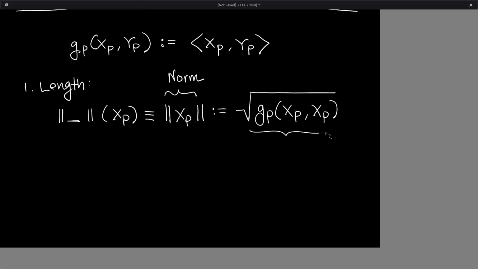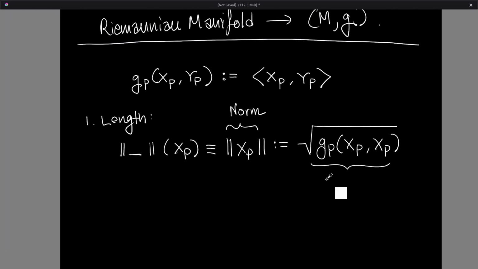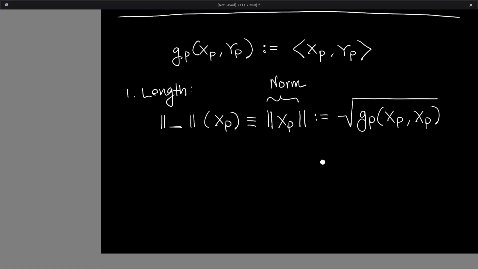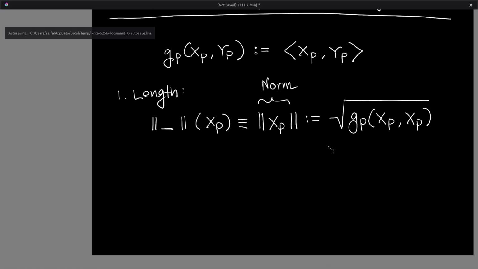You'll probably see the resemblance with the Euclidean metric, which is kind of hidden inside the Pythagoras theorem, where there's a square root of things being multiplied with each other as well. So this is how in general we define length.